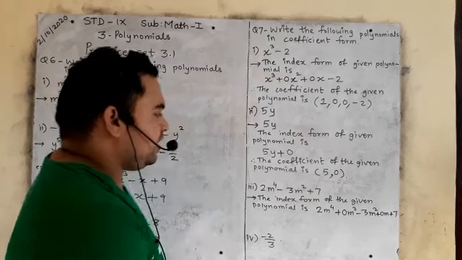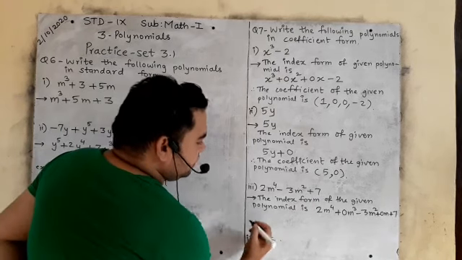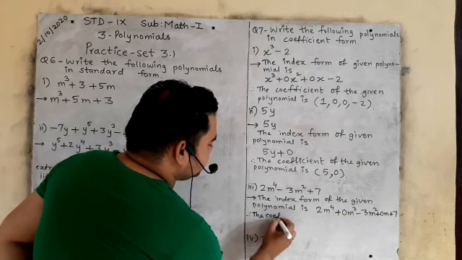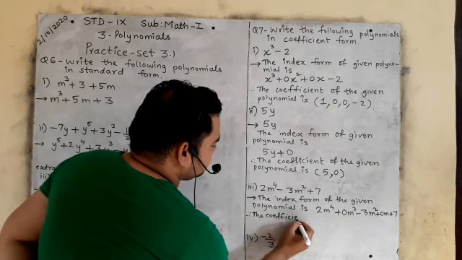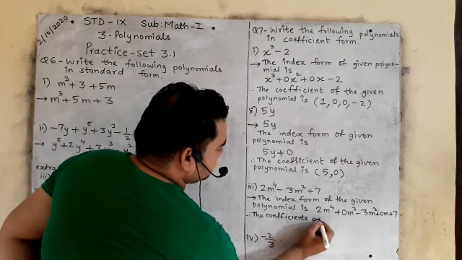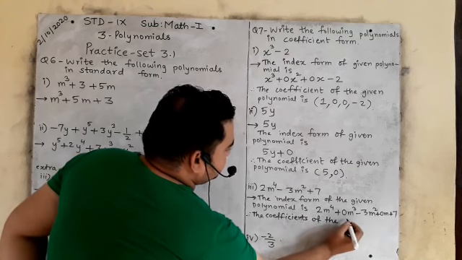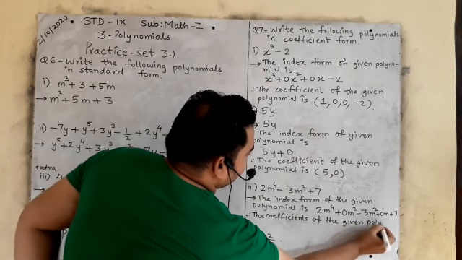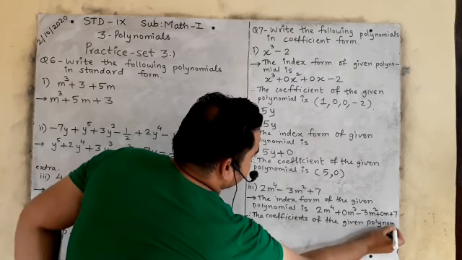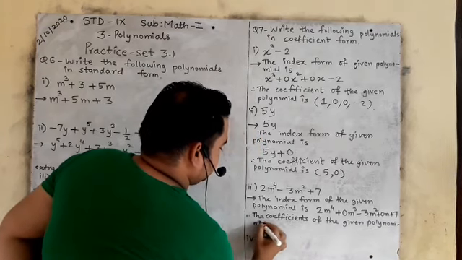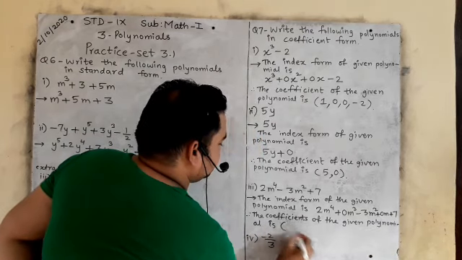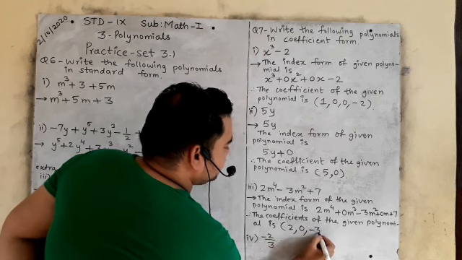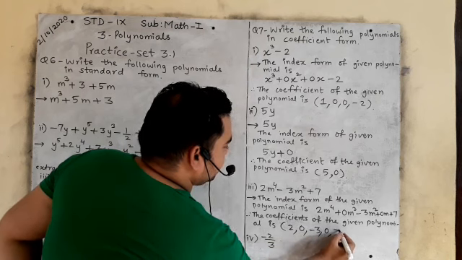Is it clear? Now I have to write the coefficients of the given polynomial. Therefore the coefficients of the given polynomial are, write the numbers 2, 0, minus 3, 0 and 7.